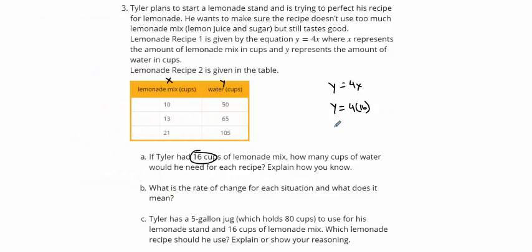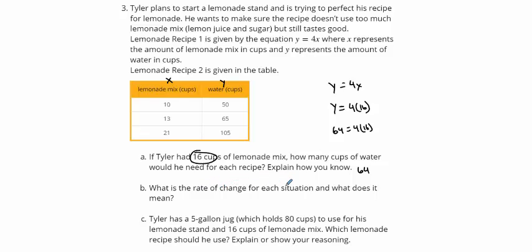So 64 is equal to 4 times 16. So he would need 64 cups of water to use with 16 cups of lemonade mix.